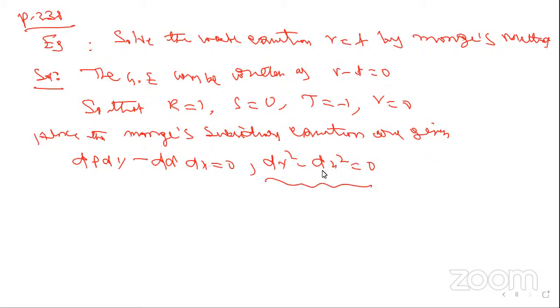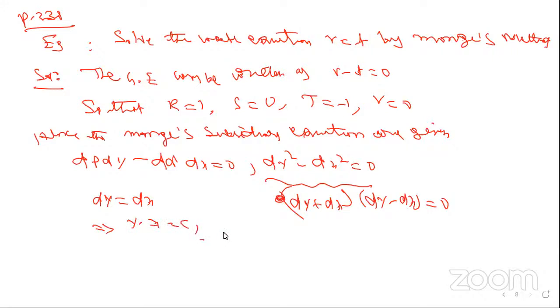This can be written as a square minus b square formula: dy plus dx into dy minus dx equal to 0. From this one, dy equal to dx, that implies y minus x equal to c1.